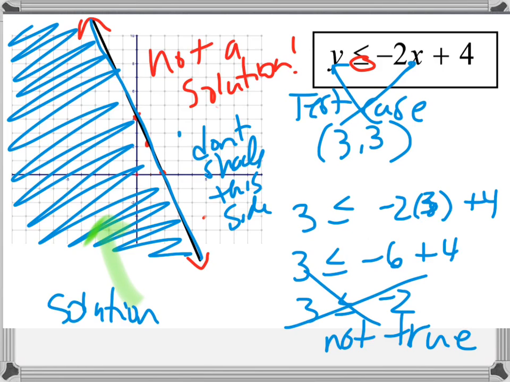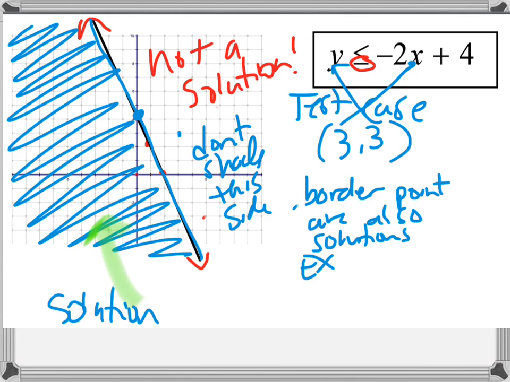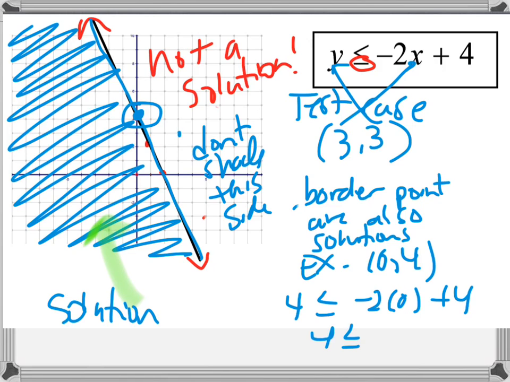And everything on the border, because it's a solid line, means all the border points are solutions. For example, if I pick this point, 0, 4, and put that in, 4 is less than or equal to -2 times 0 plus 4, 4 is less than or equal to 4. That's fine. So all these points on the line itself are also solutions.